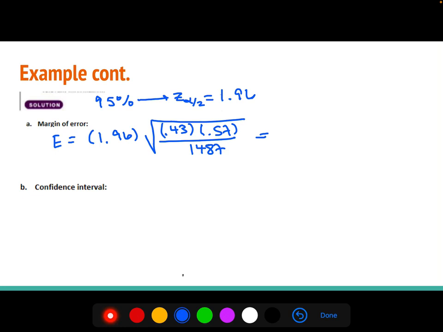Pop that in the calculator, and we get the margin of error is 0.0252, so about a 2.5% margin of error.